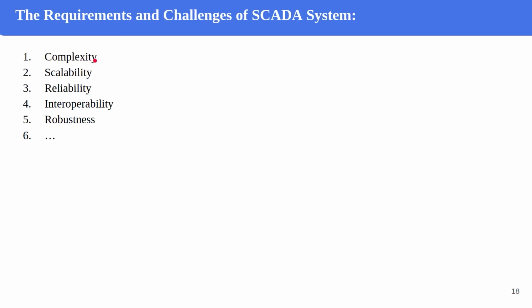To reduce the complexity, there are some techniques and solutions. For example, decomposition and integration, or breaking down the problem into smaller and smaller pieces, or we can have abstraction or ignoring details of a problem that are not relevant to the system.